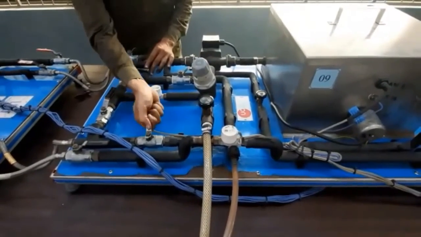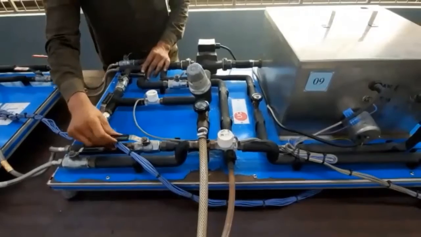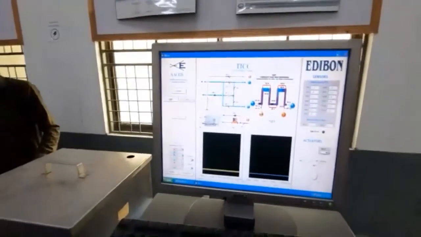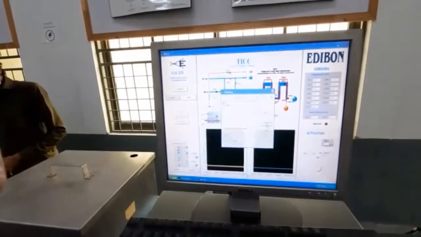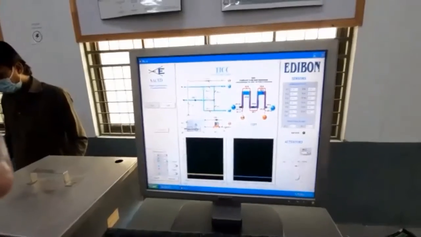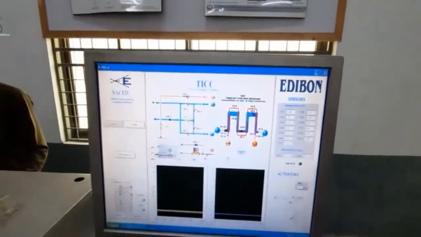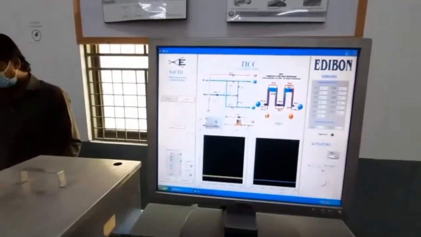This is a counter parallel flow. He is just adjusting the valves. He is opening some valves and closing some valves, and now it is converted to anti-parallel flow. So now we again will start it from the software, and we again will take the readings of temperatures for this anti-parallel flow.